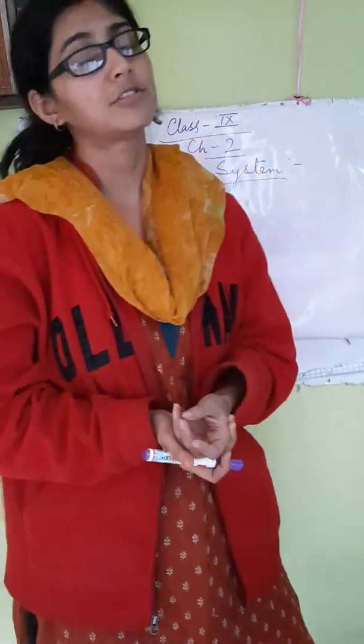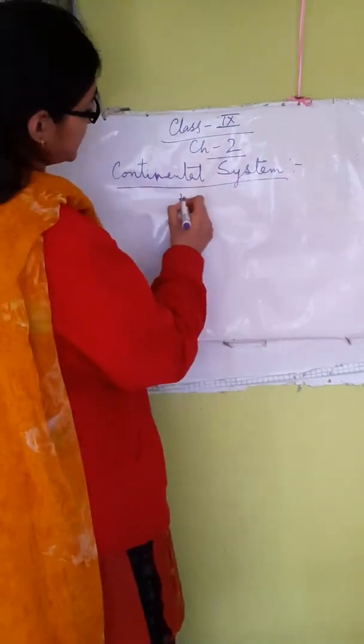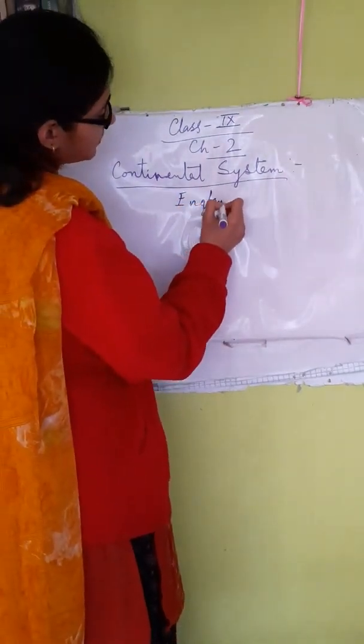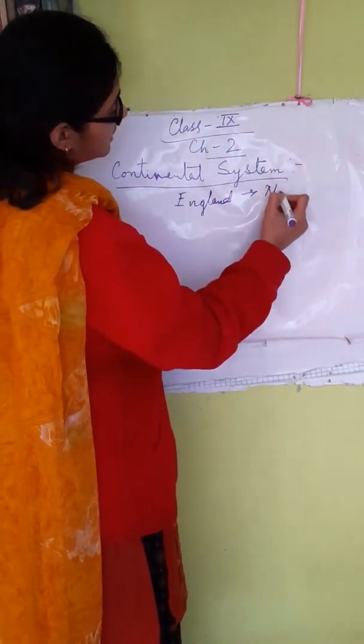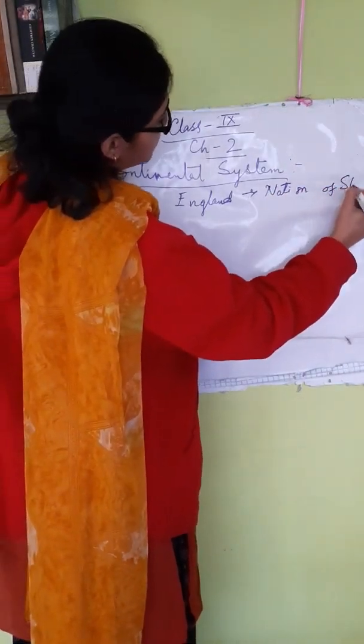All the countries were buying things from England and were dependent on it. For this reason, Napoleon called England a nation of shopkeepers.